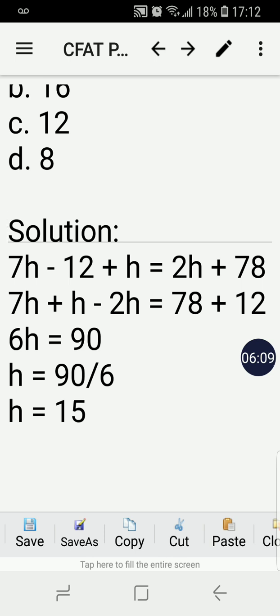So we get, and then after that we can continue with the operation. 7h plus h is equal to 8h minus 2h is equal to 6h, and then 78 plus 12 is equal to 90. So now we get h is equal to 90 divided by 6, and then h is equal to 15.